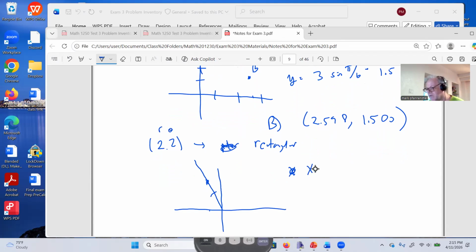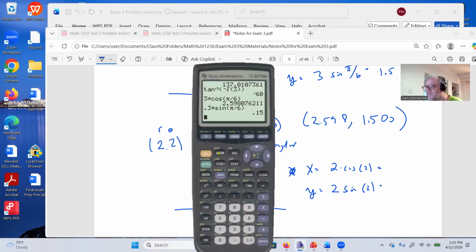To get the x, we say x equals 2 times cosine of 2. y is equal to 2 sine of 2. First off, are we in radians? We sure are. So we want 2 times cosine of 2. It's going to be a nasty decimal number here.